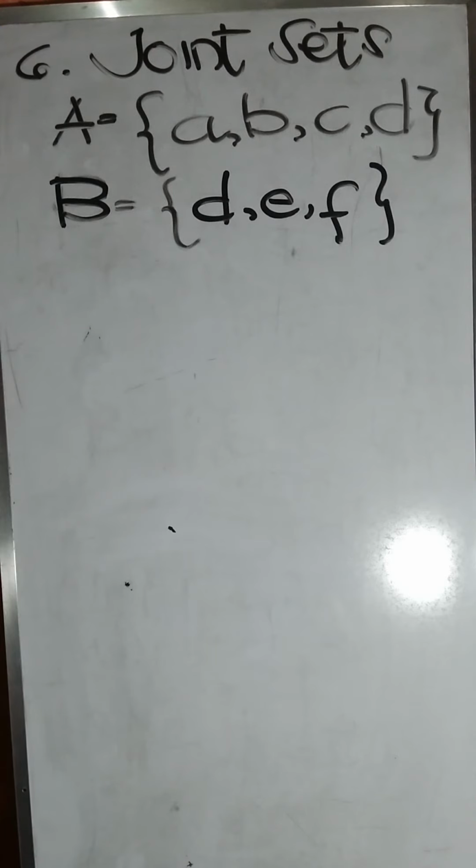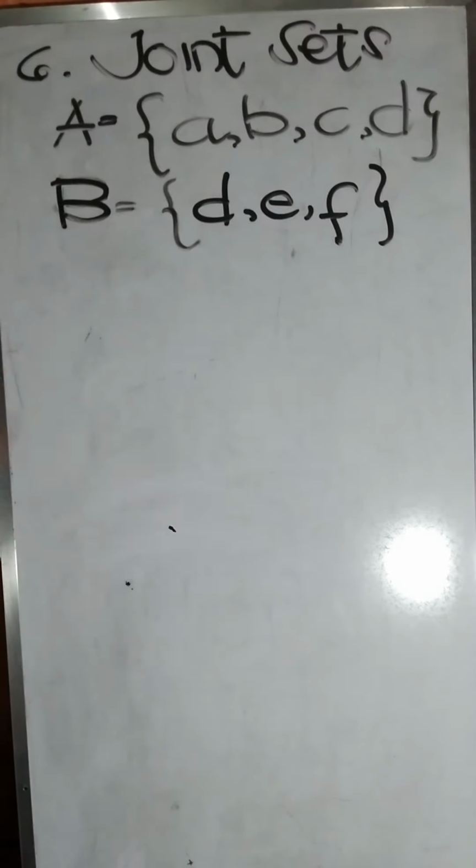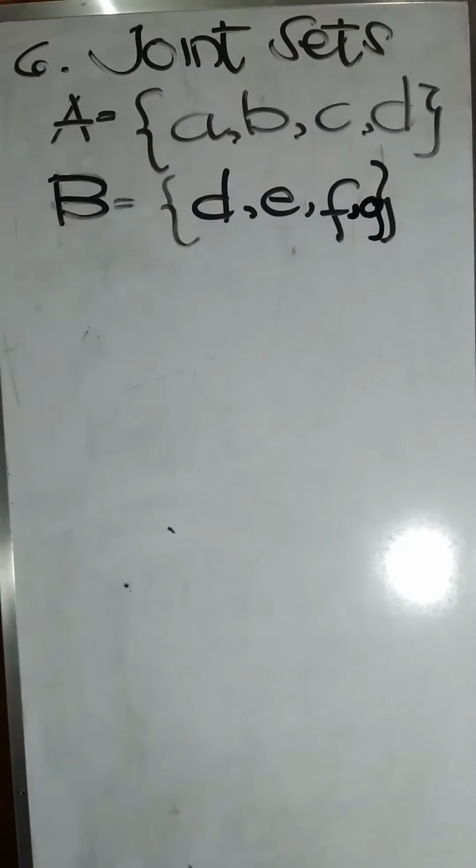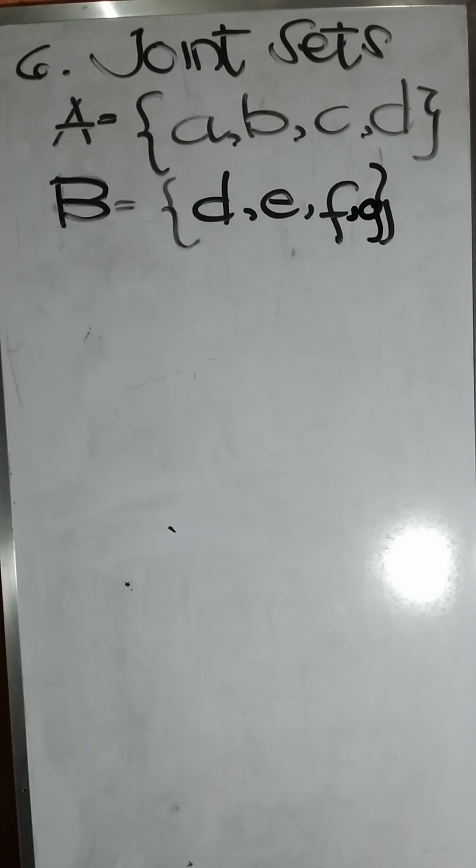Ano pinagkaiba niya sa equivalent set at equal set? So, in equal set, dapat magkaparehas lahat. Kapag sinabing equivalent set, dapat magkaparehas ang bilang. Since sila ay 4, eto 3 lang, hindi sila pwedeng tawaging equivalent set. Pero, kunwari, meron pa tayong nilagay ditong g, pwede natin siyang tawaging joint sets at the same time equivalent set.